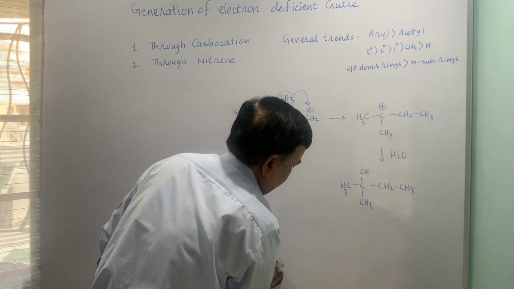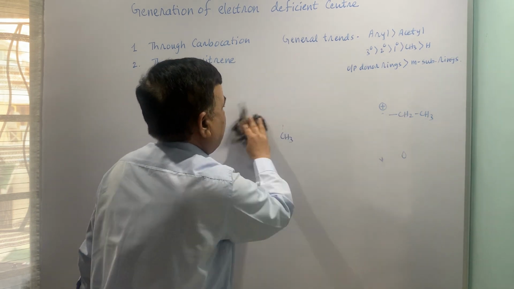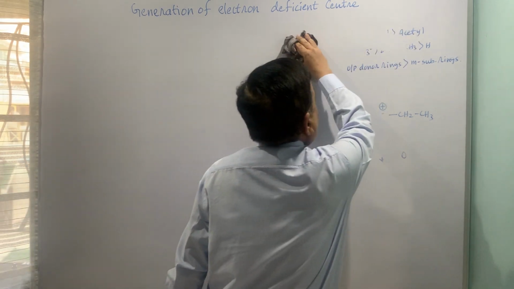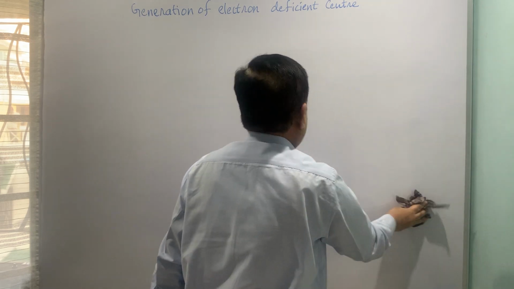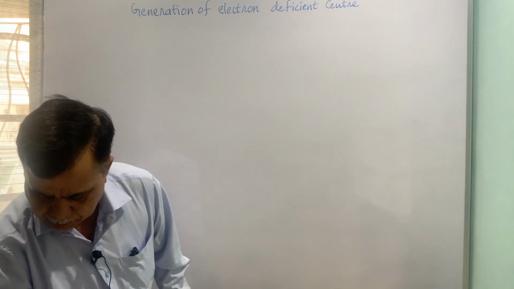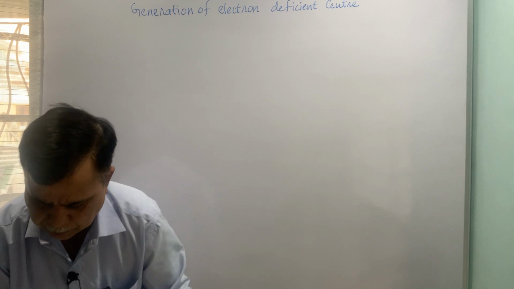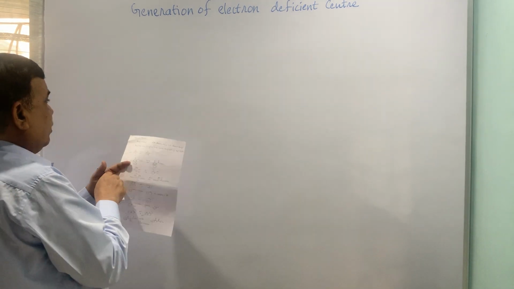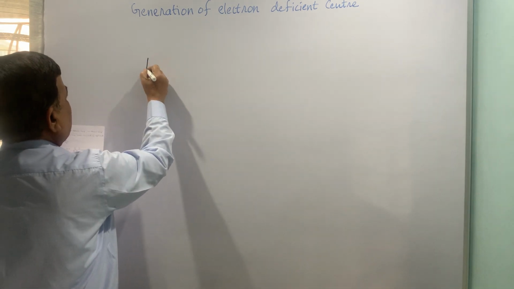We will just quickly do some 10-12 examples, and if time permits we will start with the electron deficient nitrogen, the rearrangements happening at the nitrogen. There are so many examples, but we will try to do the important examples.